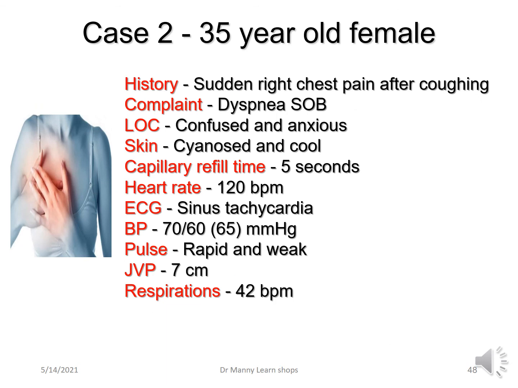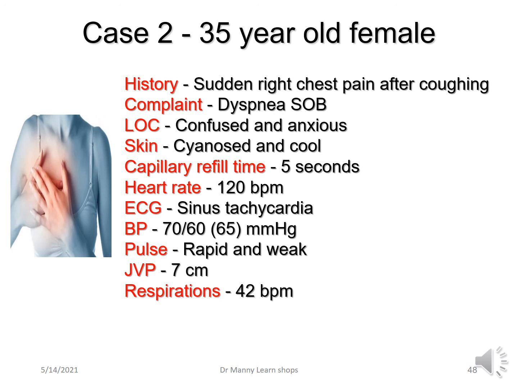Case 2. You've got a 35-year-old female. She suddenly develops right-sided chest pain after a really severe, strenuous coughing episode. She appears short of breath and she's complaining of difficulty breathing. She's confused and really anxious. Her skin is cyanosed and cool. Her capillary refill time is 5 seconds. Heart rate 120 beats per minute, a sinus tachycardia. She's hypotensive, 70 on 60.